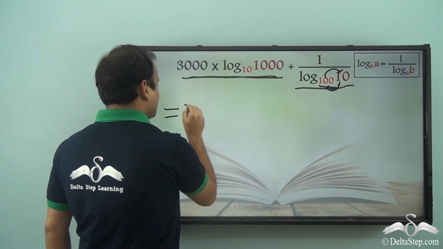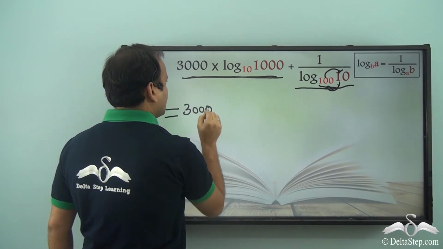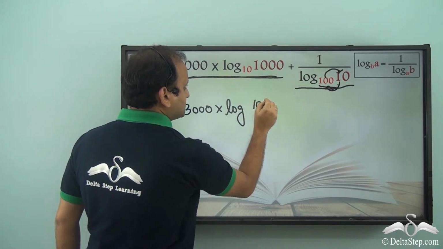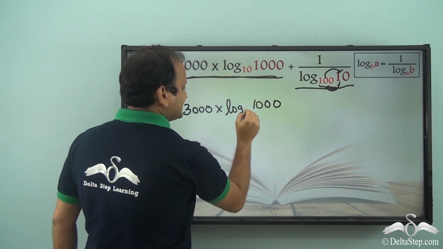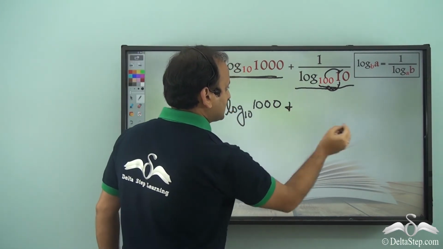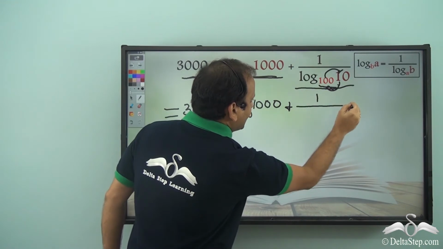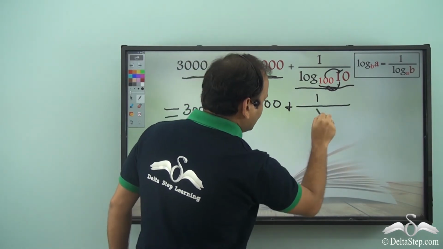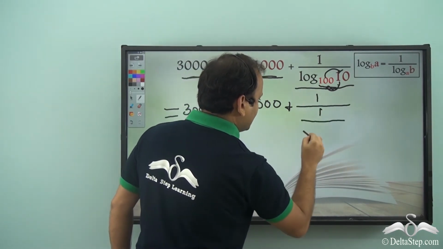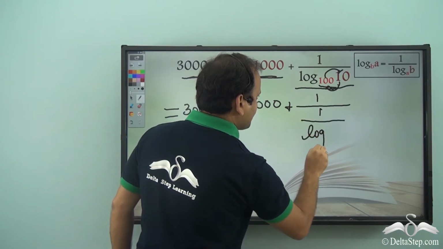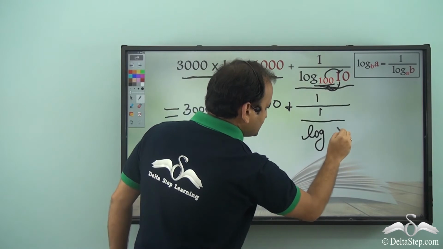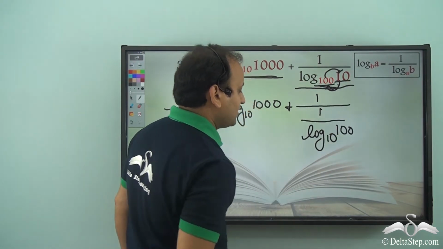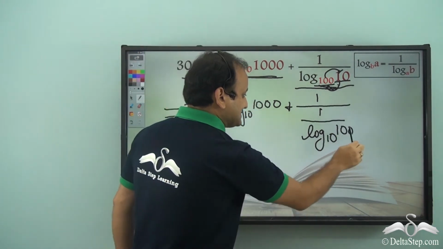So it's 3000 into log 1000 to the base 10 plus 1 by, now as soon as we interchange it becomes a reciprocal of this, so it will be 1 by log 100 will become the argument and 10 will become the base because we have reciprocated it. So now we have this expression.